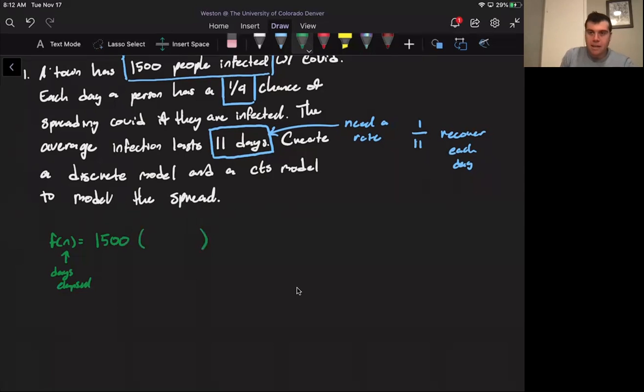And then we do our exponential rate, which for the discrete model is always 1 plus the rate that are becoming infected, so that's 1/9, minus the rate that are healing, 1/11, and then raised to the n.